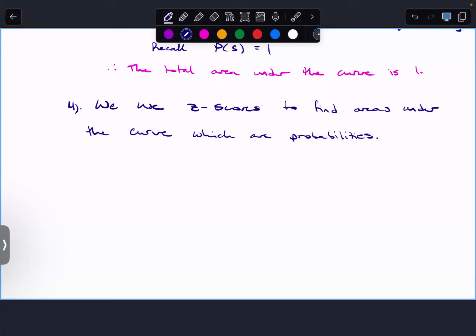Okay. Because remember, Z is centered on 0, has a standard deviation of 1, right? So now all of a sudden we have this kind of nice looking curve that we can shrink all our other curves down to, right?